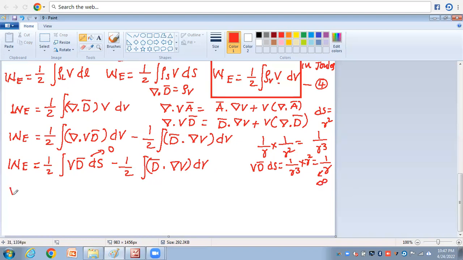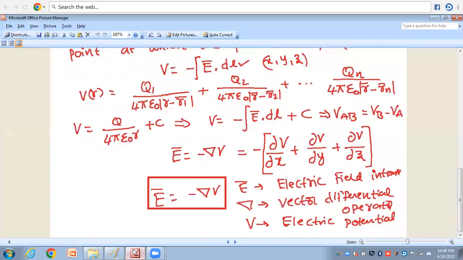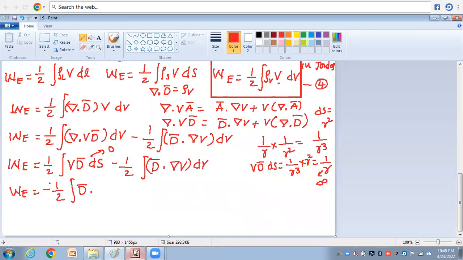Now the expression is reduced to W E equal to; actually there is one more extension also. Okay, I will write down: minus 1 by 2 integral D bar dot minus del V. Actually there is a relationship between E bar and minus del V. If I substitute for del V, there is minus E bar.